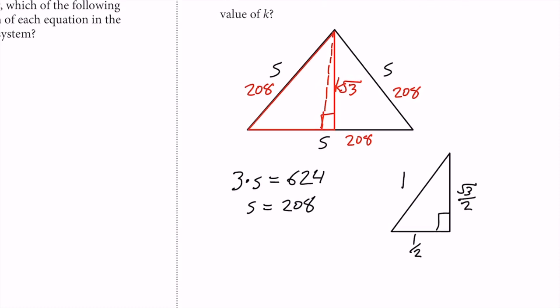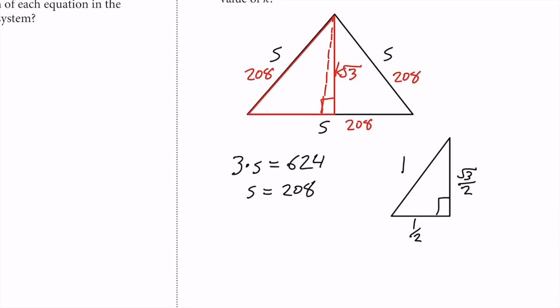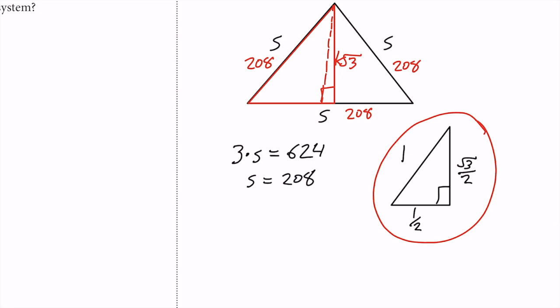We know it's a 30, 60, 90 triangle because the height bisects an equilateral triangle. So we can map this relationship of these sides onto what we already know about our triangle. If the hypotenuse is 1, here it's 208, we can apply that same relationship to the other sides. So the shortest side will be 208 divided by 2, which is equal to 104.